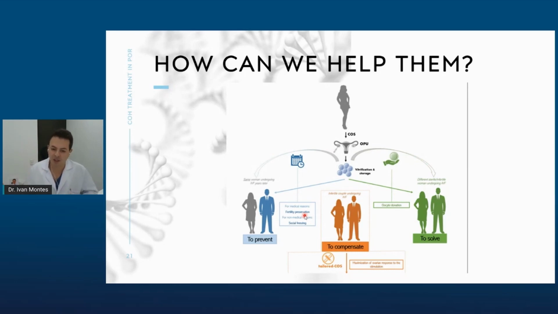How do we compensate these patients? Using the Poseidon criteria. You can identify in Poseidon group 1 and 2 that these type of patients are actually the ones that benefit from an increased FSH dosage, with the addition of LH during the ovarian hyperstimulation treatment to overcome the problem that is the hyposensitivity of the ovary to the gonadotropins.